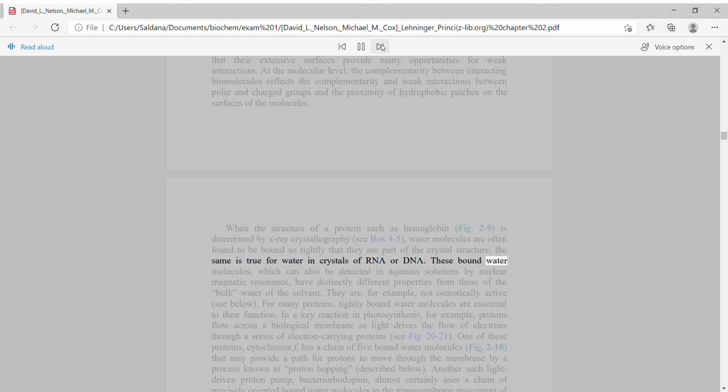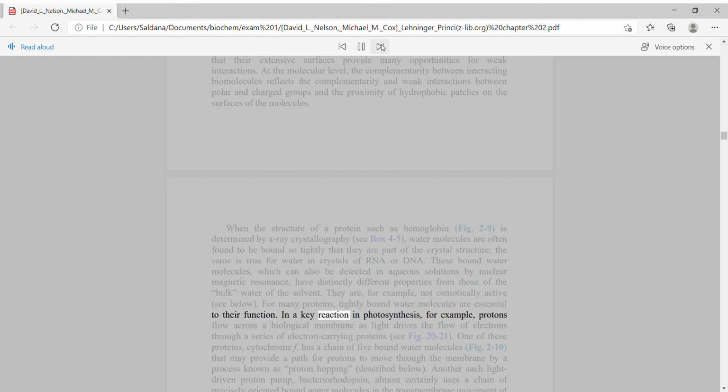These bound water molecules, which can also be detected in aqueous solutions by nuclear magnetic resonance, have distinctly different properties from those of the bulk water of the solvent. They are, for example, not osmotically active, see below. For many proteins, tightly bound water molecules are essential to their function.